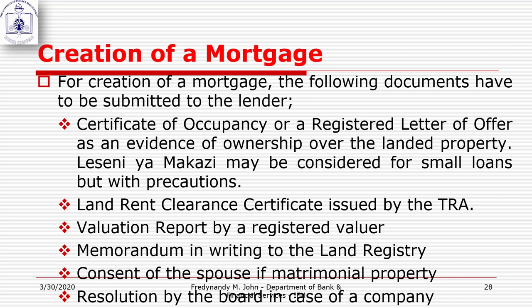The Articles of Association has rules and regulations that govern the particular company, while the Memorandum of Association shows how the company was established, the line of business, and so on. Now, the board is supposed to consent that indeed it has allowed the management of that company to go and mortgage a certain landed property for a loan.